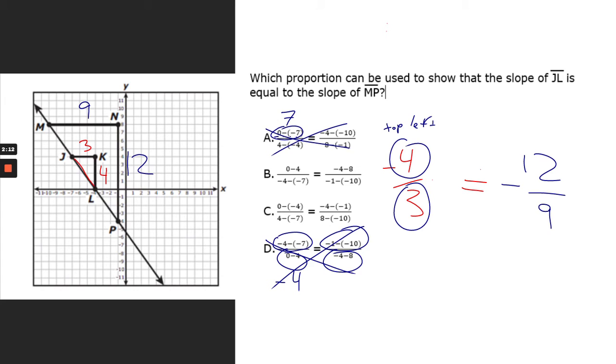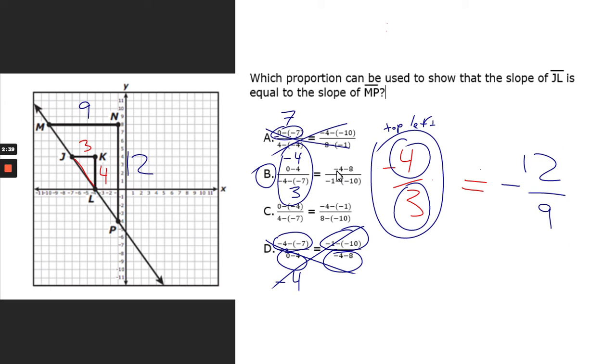Okay, let's look at answer choice B, which happens to be the correct answer. If I work that out, 0 minus 4 is negative 4, and then negative 4 minus a negative 7 is actually a positive 3. You can put that in the calculator, and you'll see that negative 4 over 3 matches perfectly. That's what I want. And then you can work out the other side.